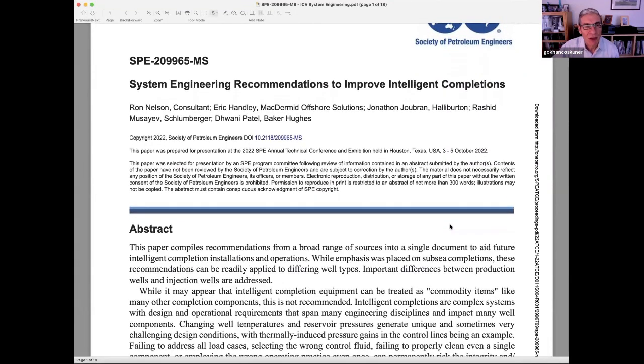Before I hand it over to Ron, I also wanted to mention this paper here that may be of interest to you. He just presented this paper in the annual technical conference of SPE a couple of months ago in Houston.